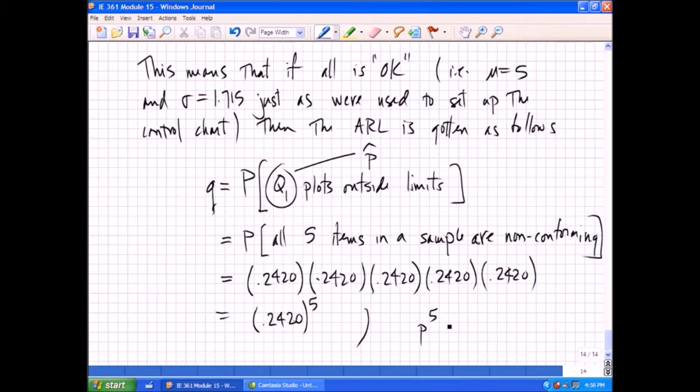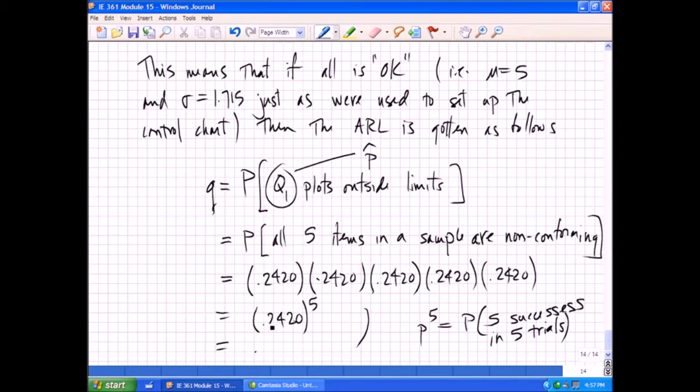This is the probability of 5 successes in 5 trials, where a success means that the item is a non-conforming item. Well, if you do the calculation, that turns out to be a pretty small number.